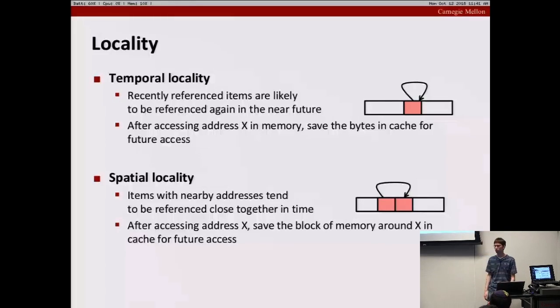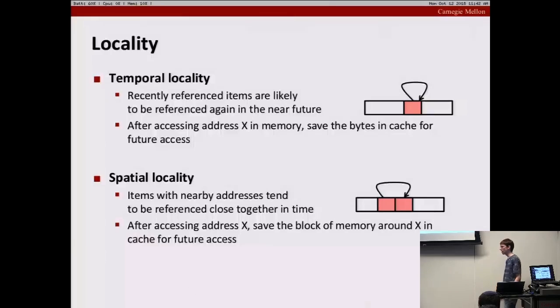So these are two different types of locality, named temporal locality and spatial locality. Temporal locality is accessing the same data again sometime in the near future, and spatial locality is accessing data nearby in the near future.